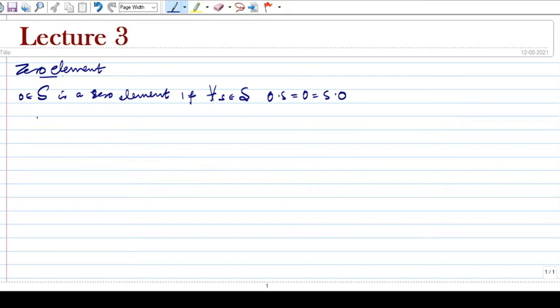Now, as we have seen in the case of identity element, we could prove that S has at most one zero element. So one observation: S has at most one zero element.